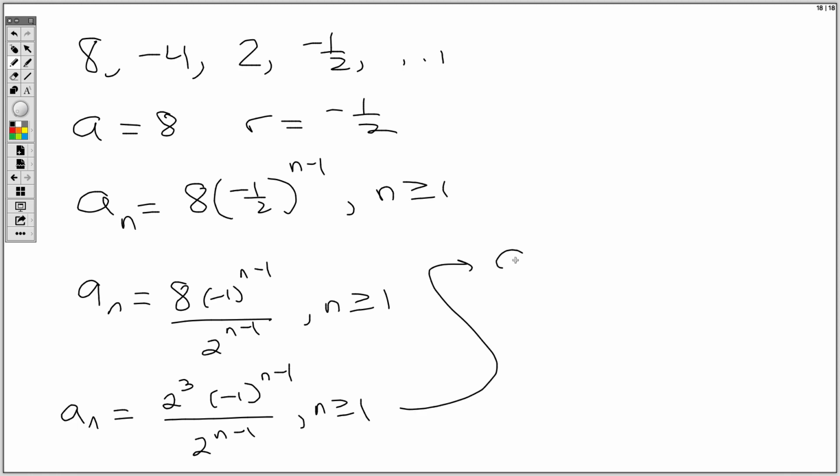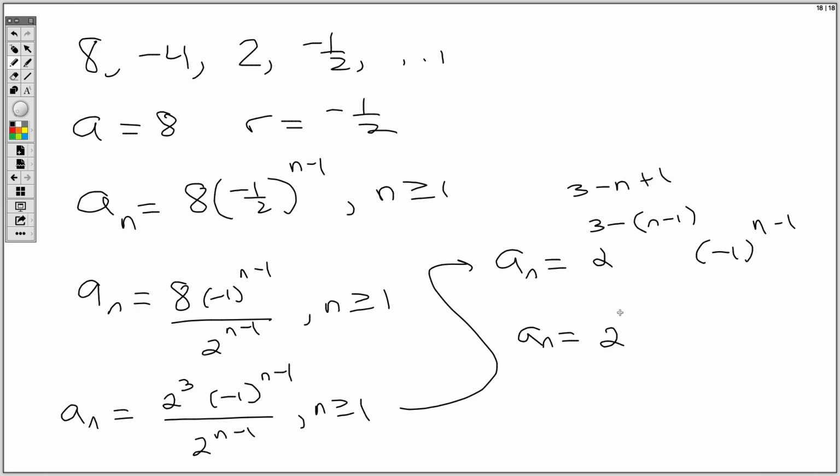Finally, I could use properties of exponents and subtract: 2 to the 3 minus n minus 1, times negative 1 to the n minus 1. So it'd be 2 to the 3 minus n plus 1, so 4 minus n, times negative 1 to the n minus 1. And once again, you've got numbers to powers, and that's exponential.